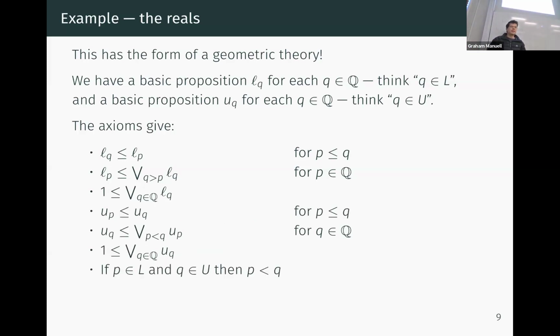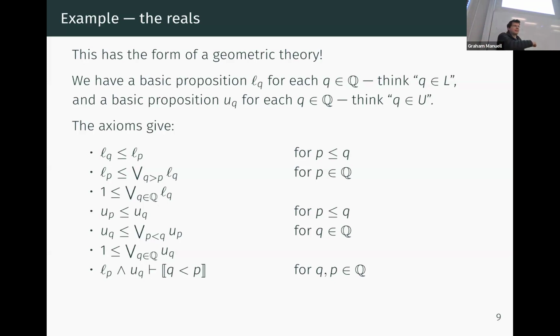Next, if P is an element of L and Q is an element of U, then P is less than Q. So in the logic, we can maybe write it like this. It says if we take the meet of LP and UQ, then it somehow corresponds to the truth value of Q being less than P. It is possible to interpret this, but it's actually simpler than that, because inequality in Q is decidable, right?